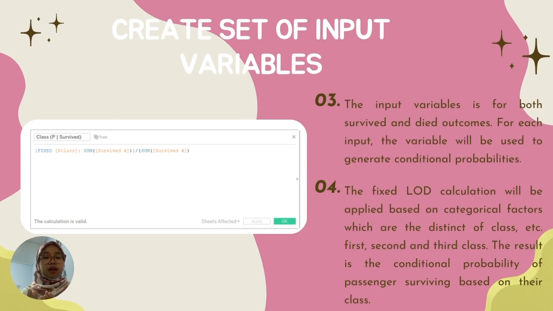The result that we will gain is the conditional probability of passengers surviving based on their class. As shown in the figure, the calculation is like that.